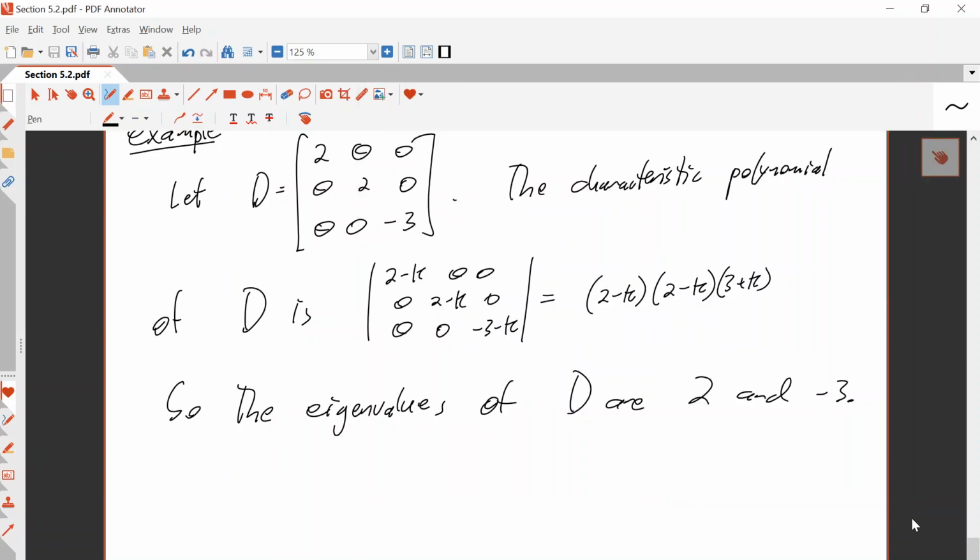Okay. So the eigenvalues of the diagonal matrix are 2 and minus 3.